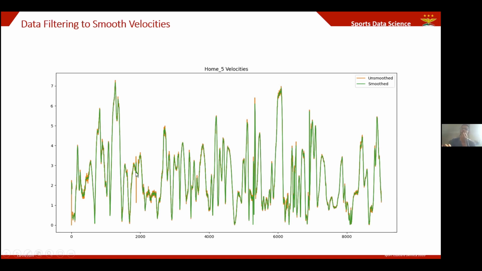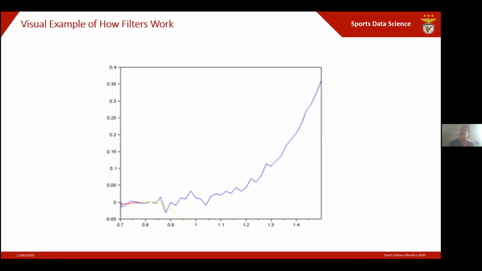The best way to explain what these different filtering algorithms are doing is using this graphic. Most filters aim to create a local polynomial fit across a certain time window, and then estimate the evenly spaced points between them using this local polynomial.